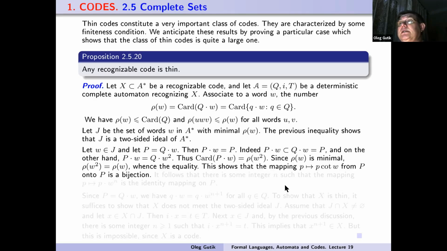This shows that the mapping which sends p to p multiplied by w, from P onto P, is a bijection.